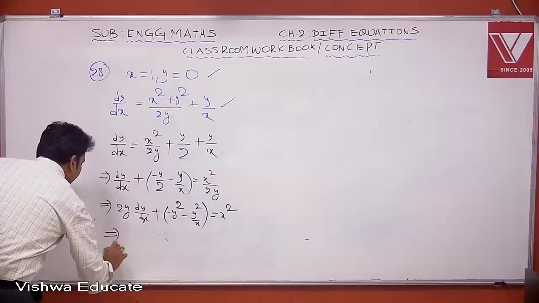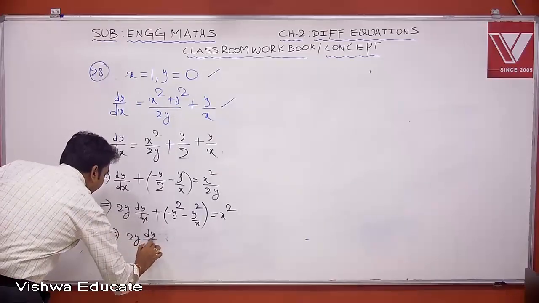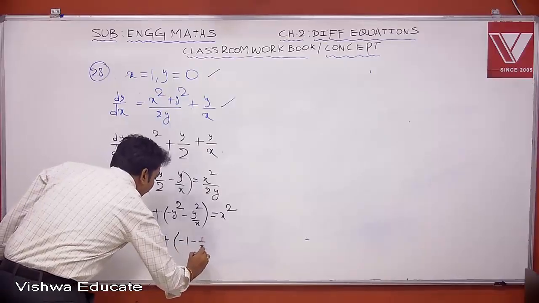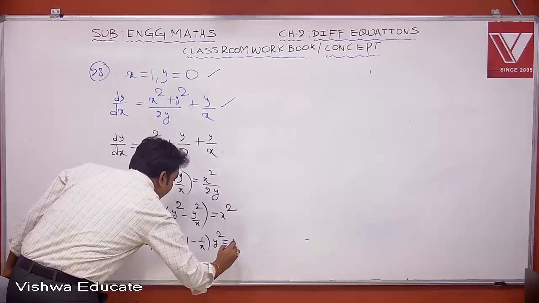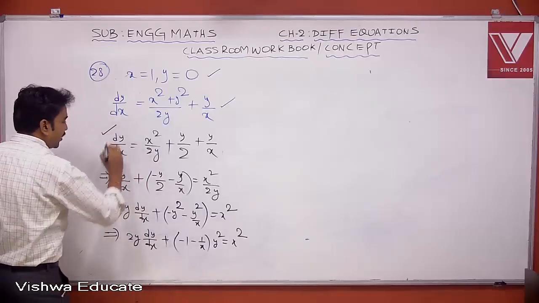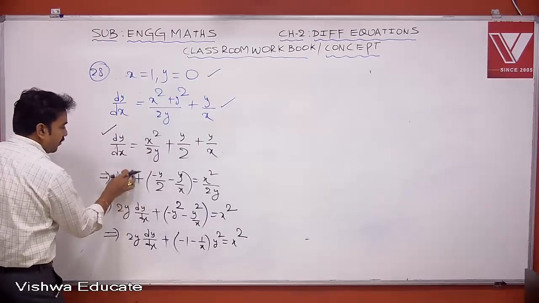So this implies 2y into dy by dx plus minus 1 by x into y square equal to x square. This is my equation. We have just manipulated this equation and multiplied it with 2y.